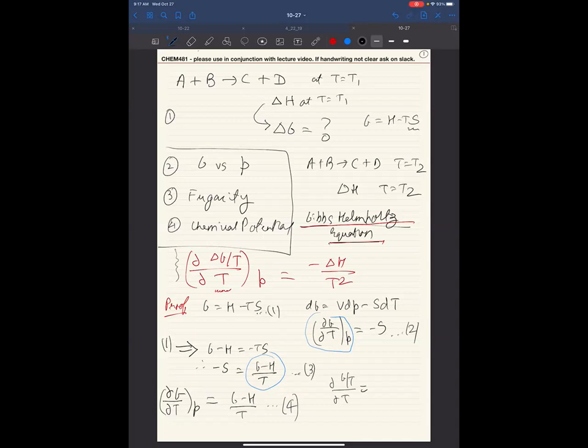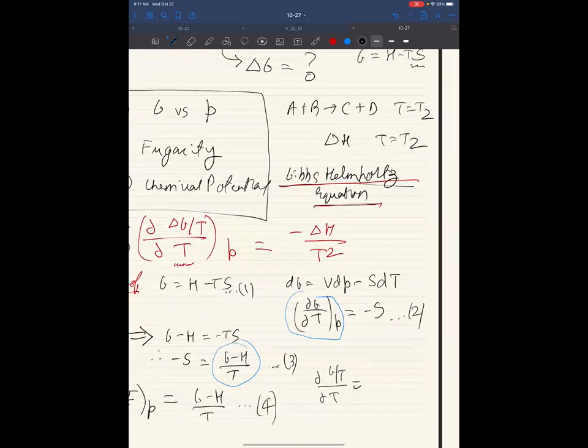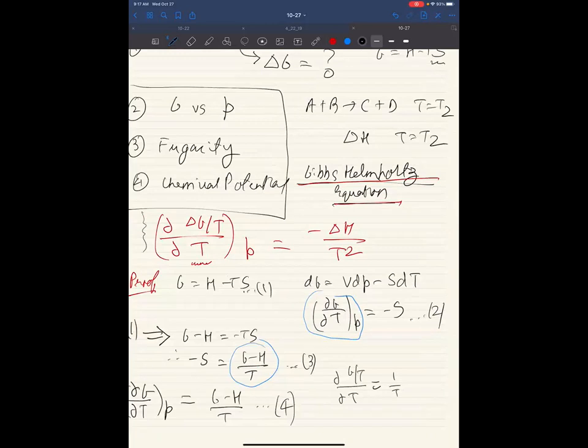Product rule, right? Differentiating a product of two things with respect to something. So this will be 1 over T partial G, and I'm just keeping the partial P while writing this because it's there everywhere. Partial G by partial T at constant P plus G partial 1 over T by partial T, right?